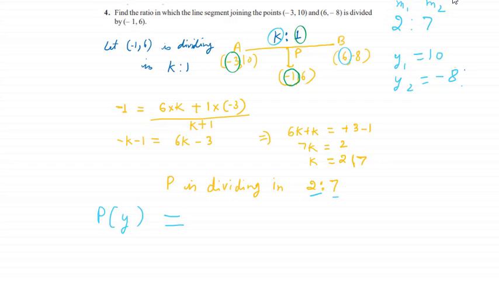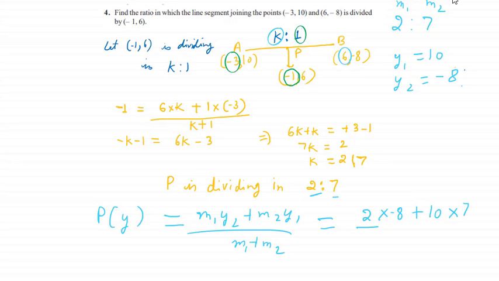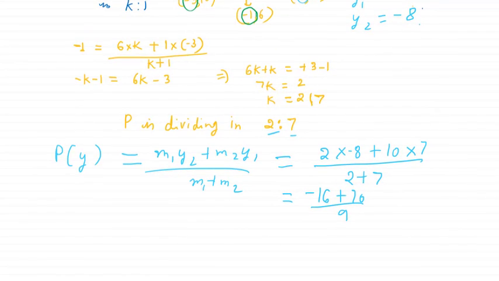So we have the formula (m1 y2 plus m2 y1) divided by (m1 plus m2). We'll just put in these values and see what we get. So m1 is 2 into -8 plus 10 into 7, divided by 2 plus 7. So we'll get -16 plus 70 divided by 9.